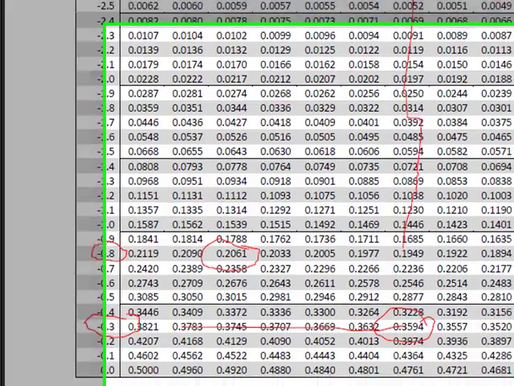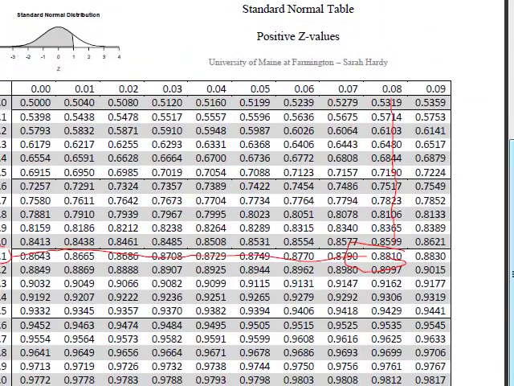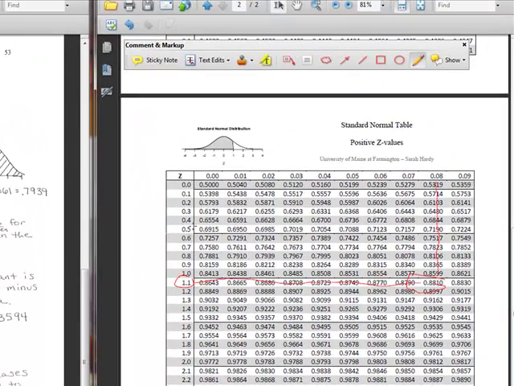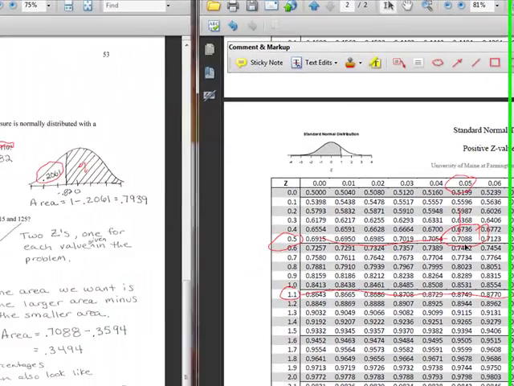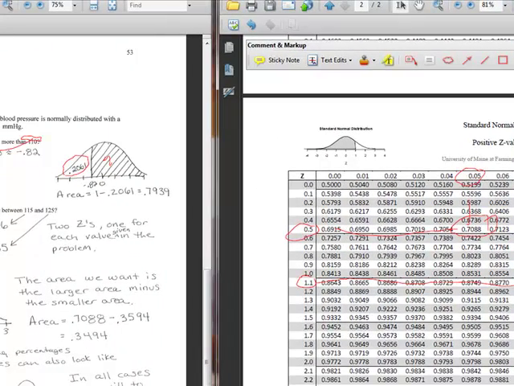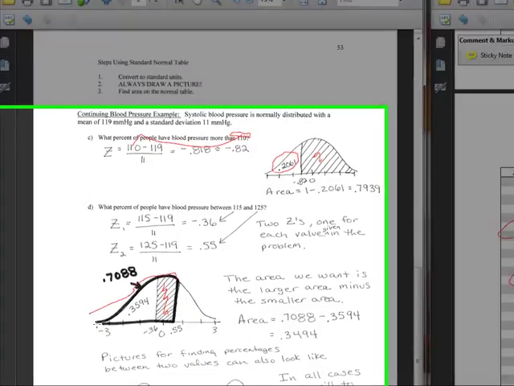And then if we look up 0.55, over on the positive side of the table, we go to 0.5 and then 0.05 across the top, which gives us 0.7088, and that is this larger piece that I have here in the darker.